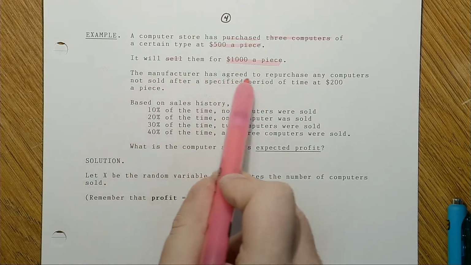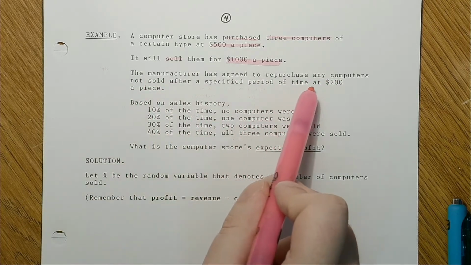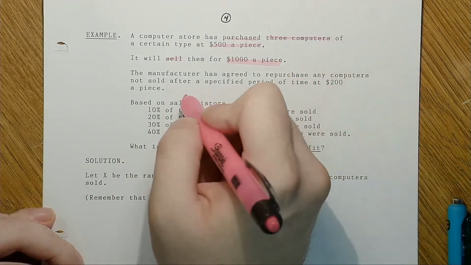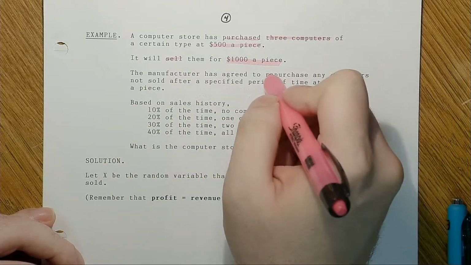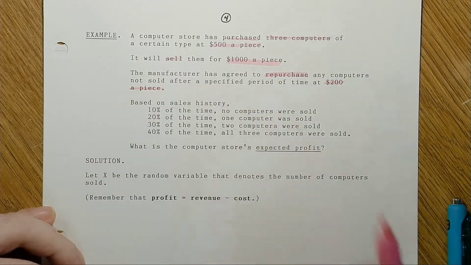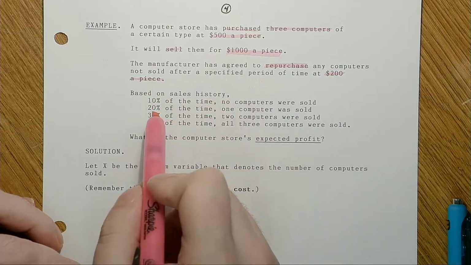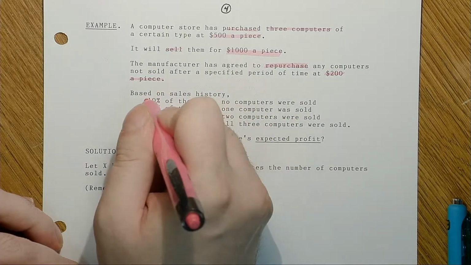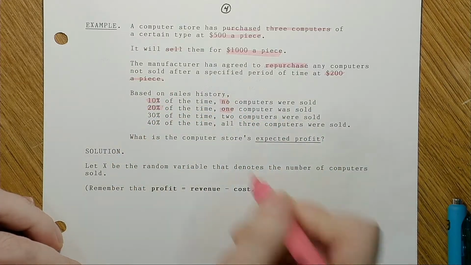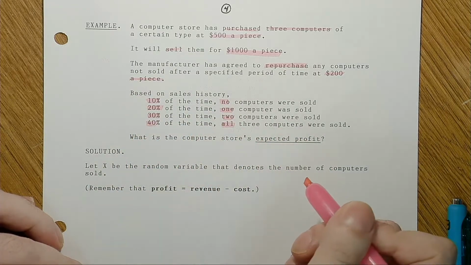The manufacturer has agreed to repurchase any computers not sold after a specified period of time at $200 apiece. Okay, so there's repurchase, or basically it's like a buyback program. Based on the sales history, 10% of the time no computers are sold. 20% sell 1 computer, 30% of the time there's 2, and 40% they sell all 3 of them.